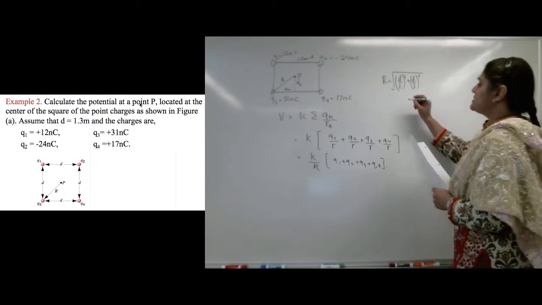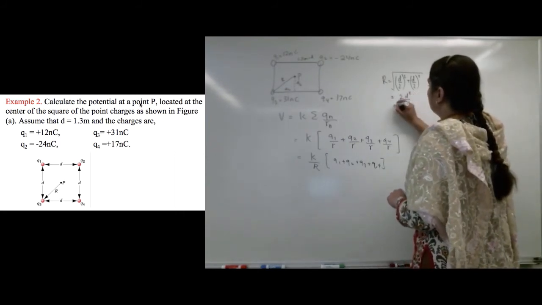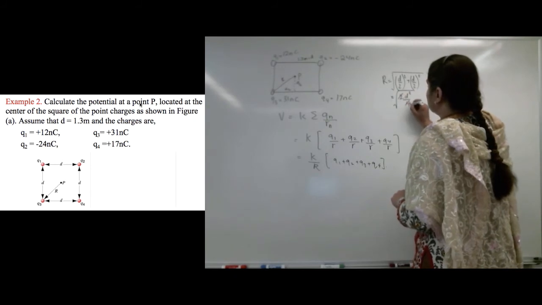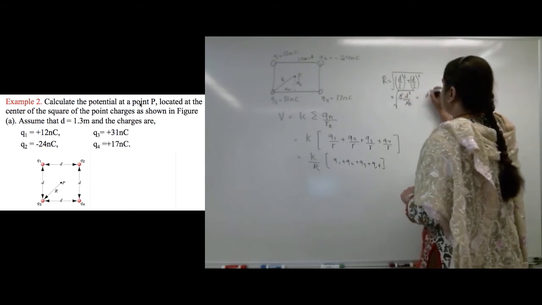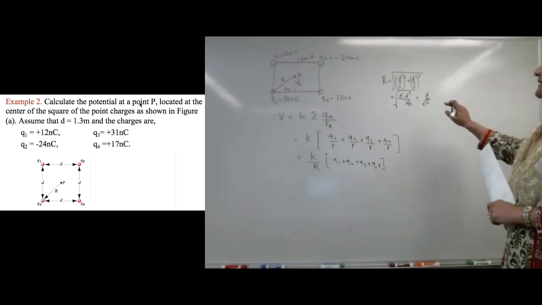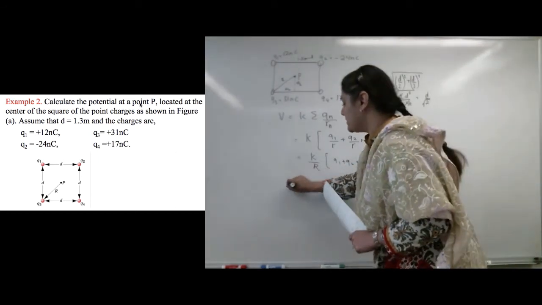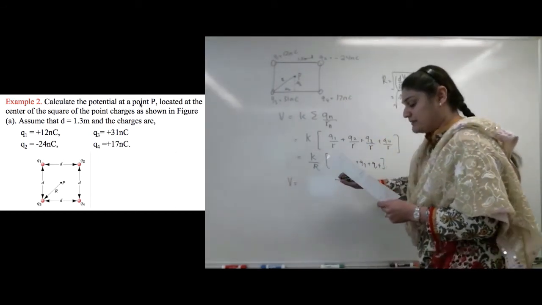Which means it is going to be 2D squared over 4, under the square root, and I get D squared over 2, or D over the square root of 2. Plug that value in here, plug the values of the Q's in here, and you get your potential.